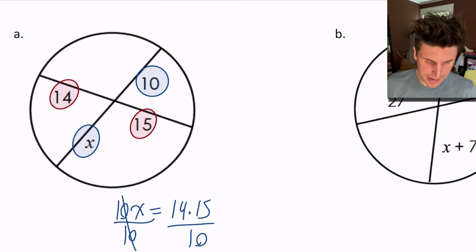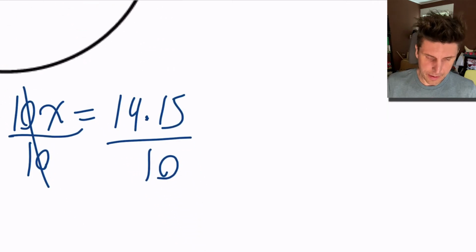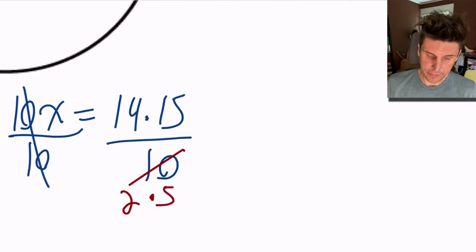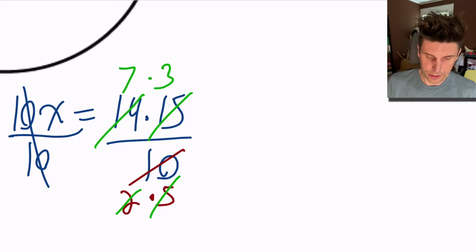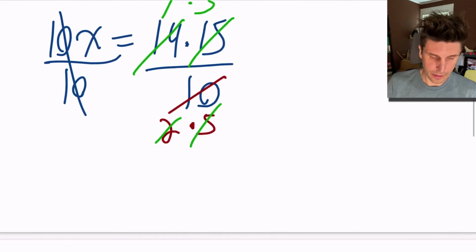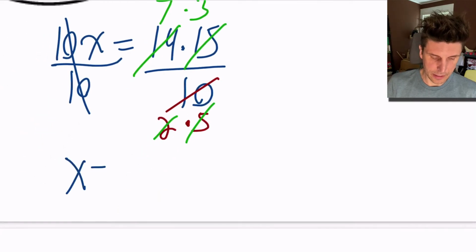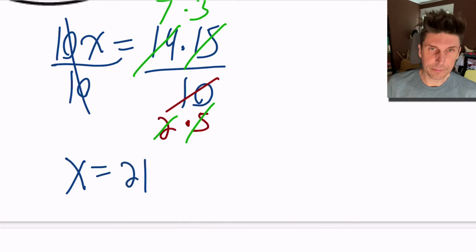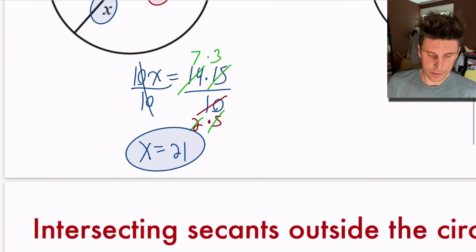Notice how 10 here can be written as 2 times 5. I'm going to take that 2 and divide it into 14, which becomes 7. I'm going to take this 5 and divide it into 15, and that becomes 3. So the answer to this problem is x equals 21. Let's move on to the next one.